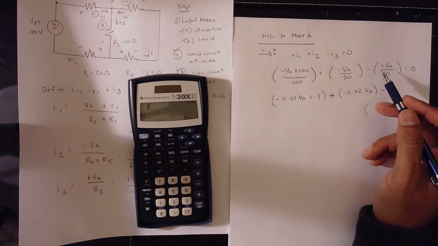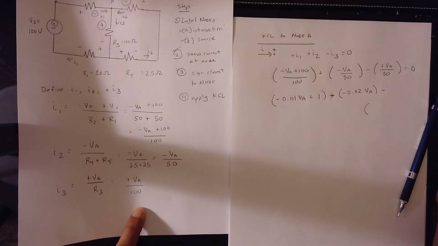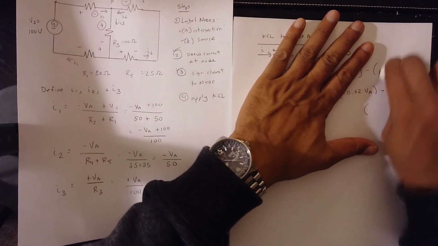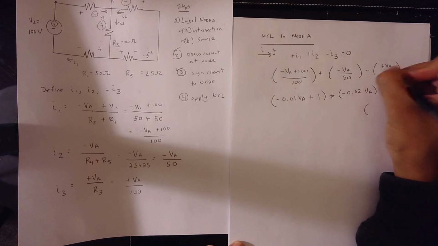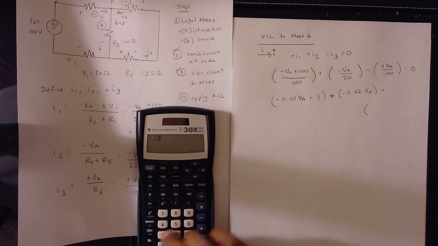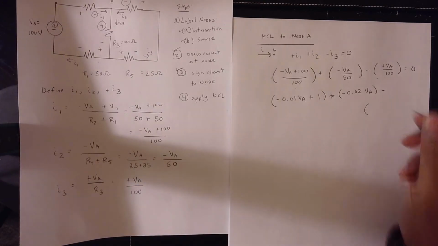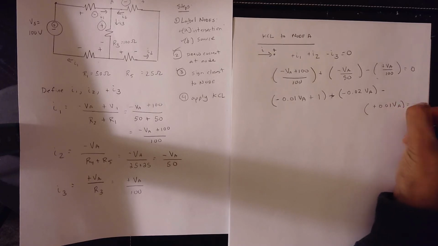I'm sorry, I3 is 1 over 100. I made a mistake. I3 is VA over 100. I apologize. Let's change this number here. VA over 100. Just be careful. Plus VA over 100. So what is 1 over 100 again? 1 divided by 100 is 0.01. So plus 0.01 VA is equal to 0.